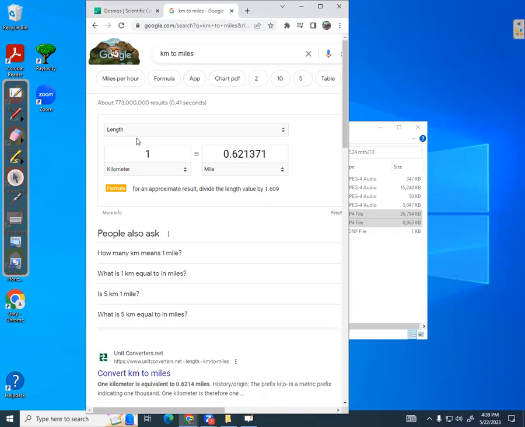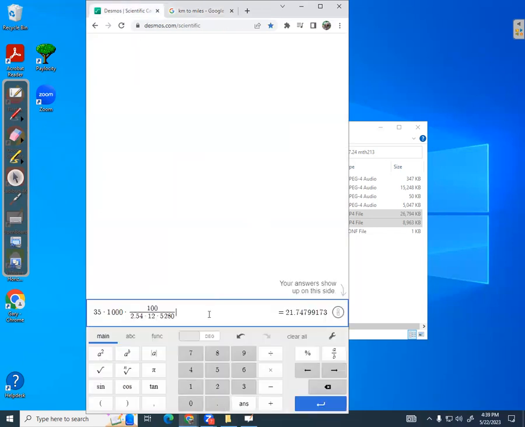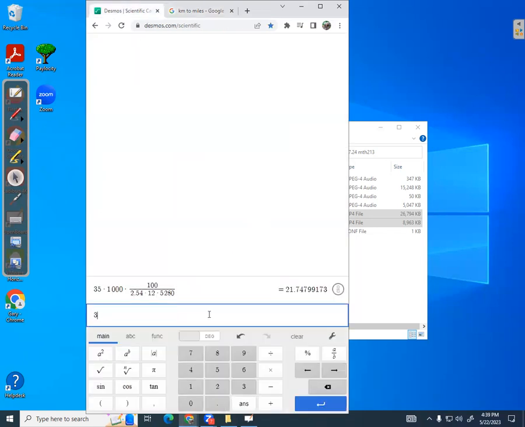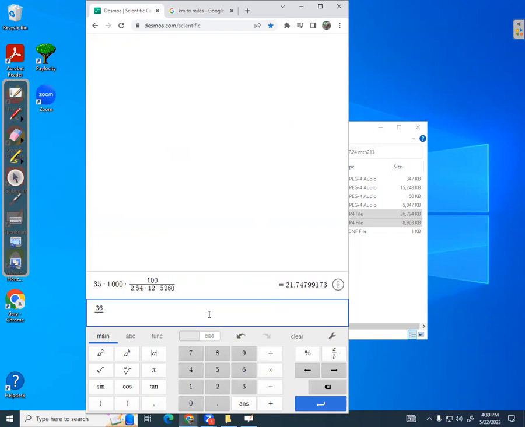So I'm assuming this is the length value here. Would that give me the same thing? If I took the 35 and just divided by 1.609, so Google must be telling me that there's 1.609 kilometers in a mile. And hey, look, that's pretty close to the same result.